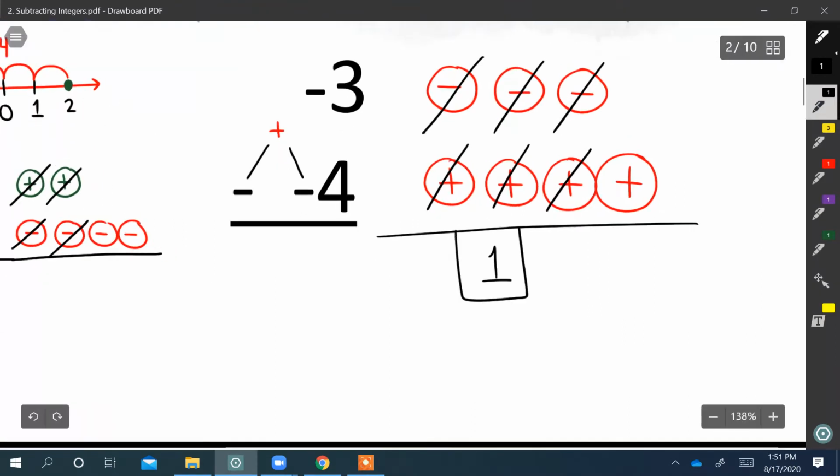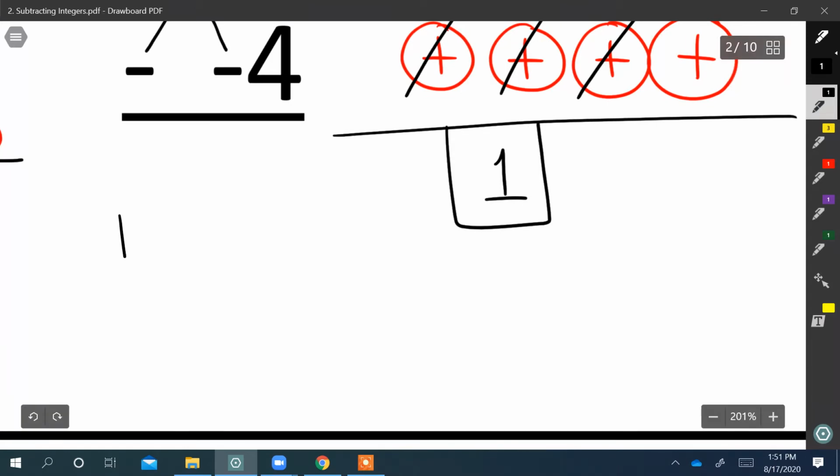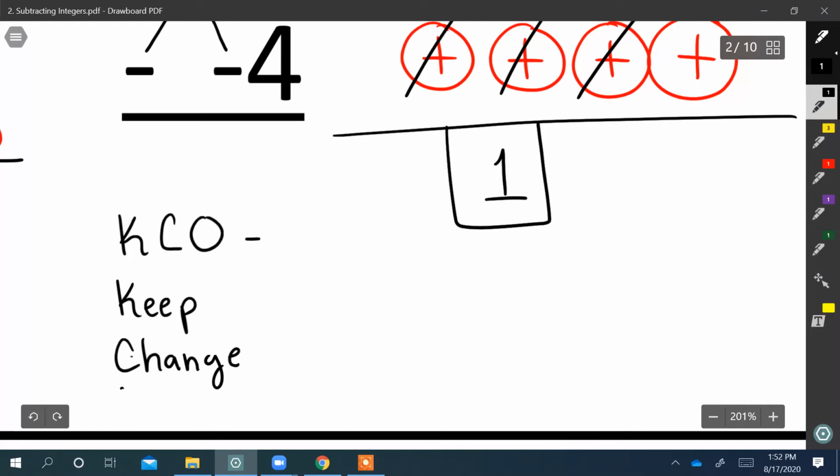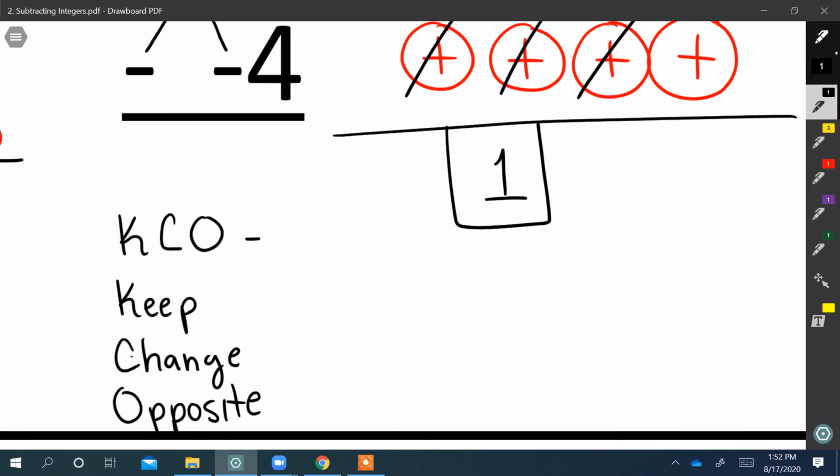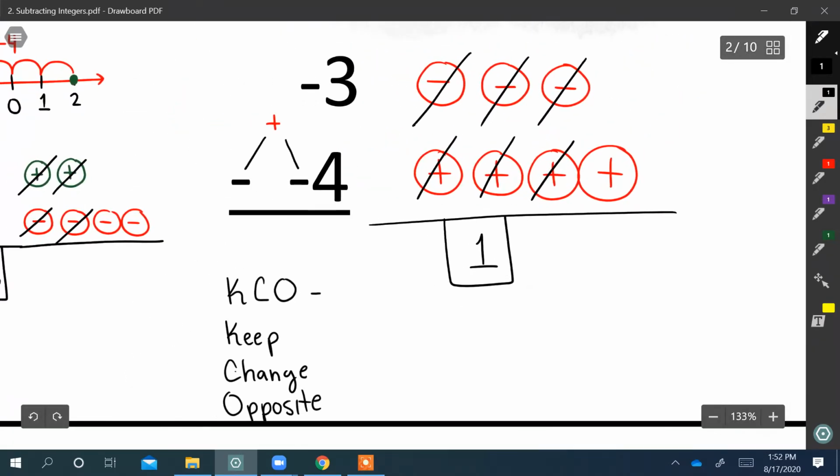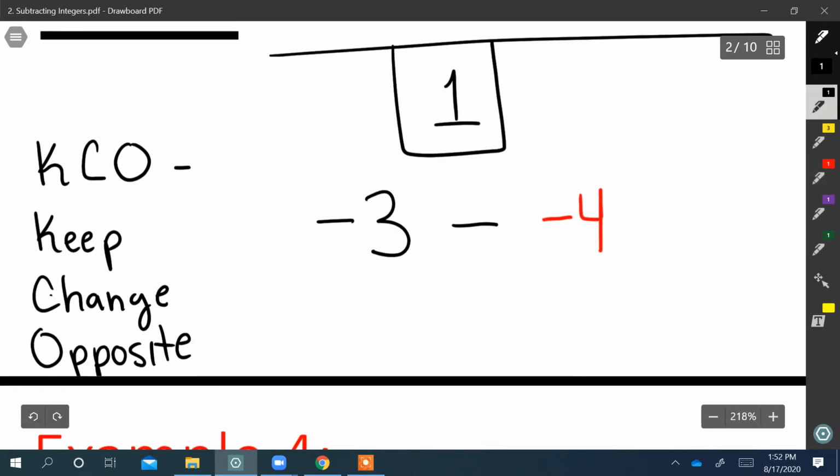Now, there is a method called KCO that we also want to study. It means keep, change, opposite. So let's apply this keep, change, opposite idea with that problem right there. We have -3 minus a -4. So what do I mean by keep?